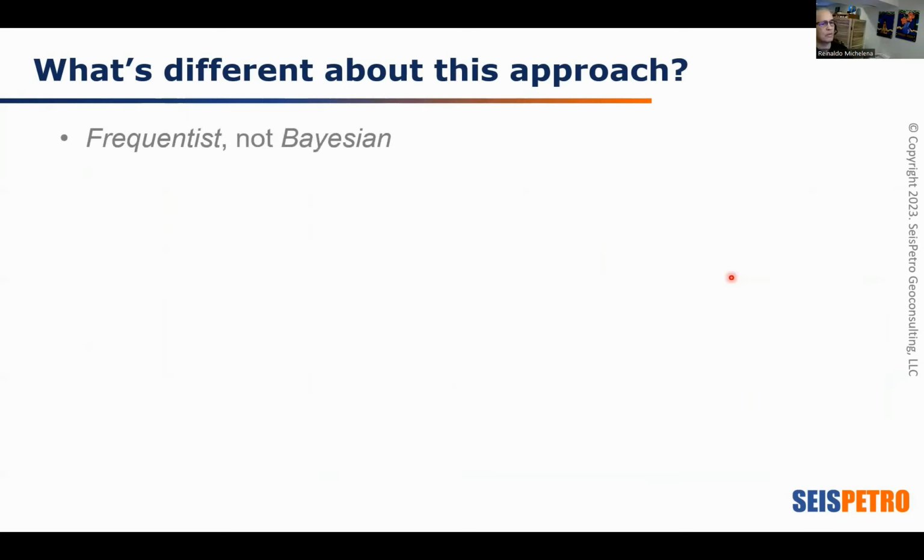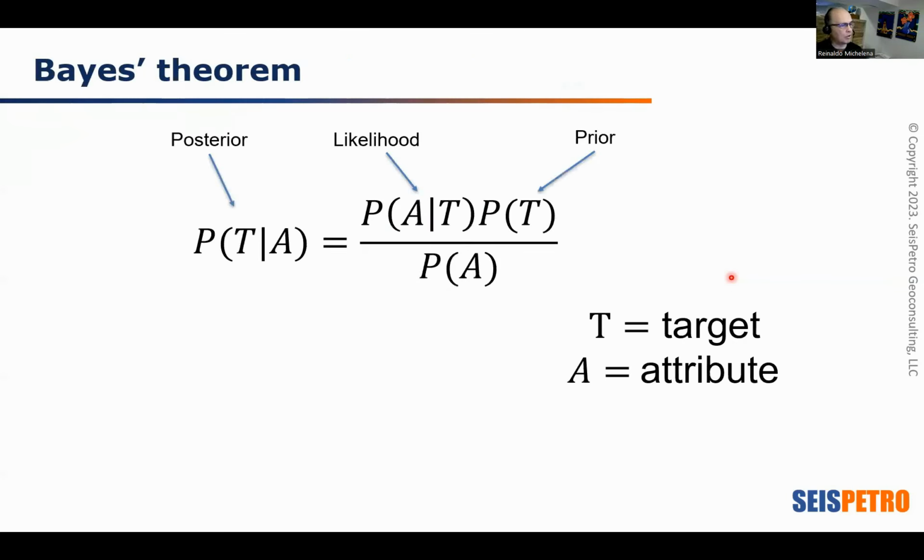This approach is called frequentist, as opposed to the more commonly used approach for facies probability analysis that is based on Bayesian formulation. And to better understand those differences, we have to go to the Bayes theorem, the very famous Bayes theorem.